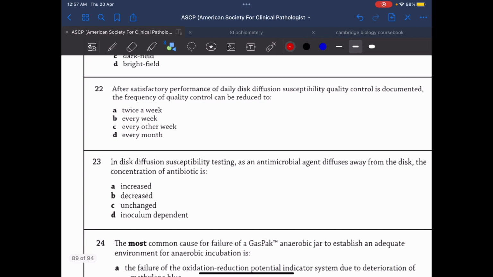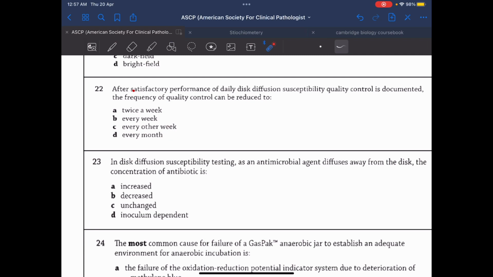Question number 22. After satisfactory performance of daily disk diffusion, susceptibility quality control is documented. The frequency of quality control can be reduced to twice a week, every other week, or every month.